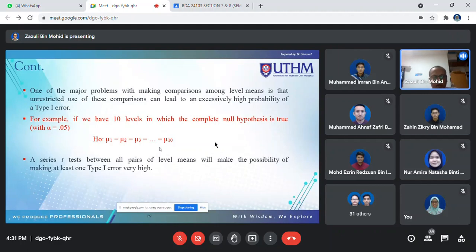If we have 10 levels to compare, then we have to conduct long, time-consuming calculations. A series of t-tests between all pairs of level means makes the possibility of making at least one type 1 error very high. So we are going to have a type 1 error in most cases.